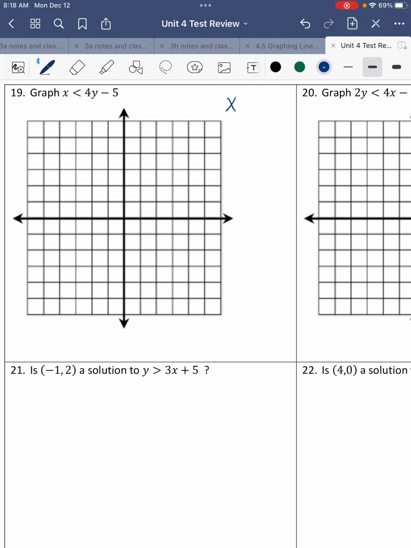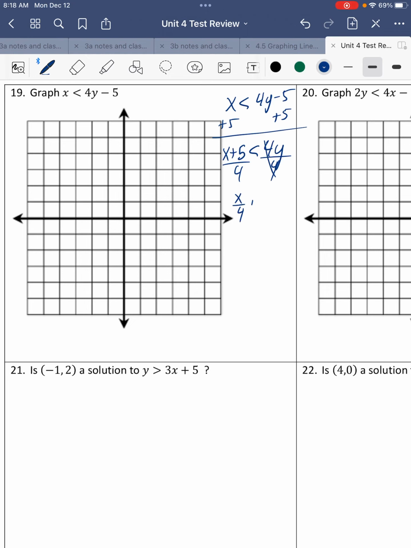All right, next we're going to graph x is less than 4y minus 5. Well, I need to solve for y. So I'm going to add 5, and I get y by itself. We divide by 4, divide by 4.